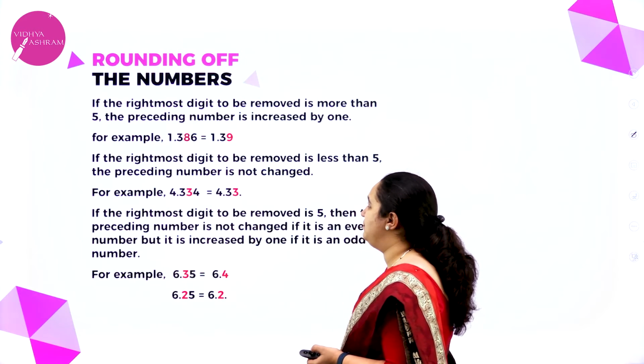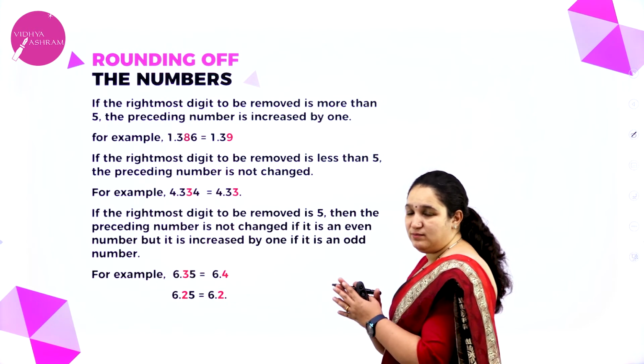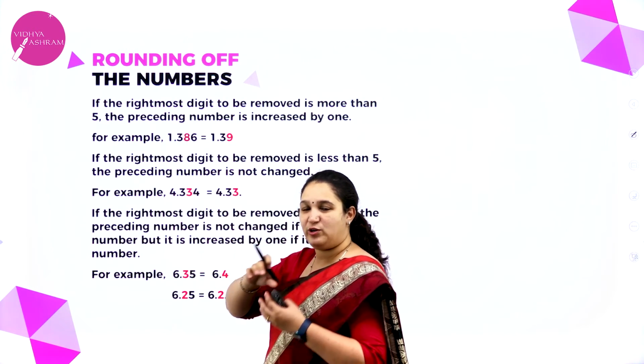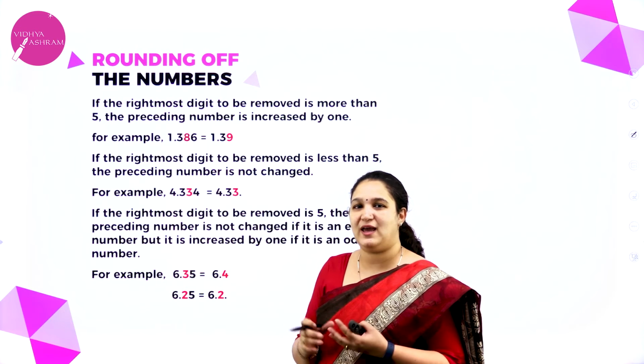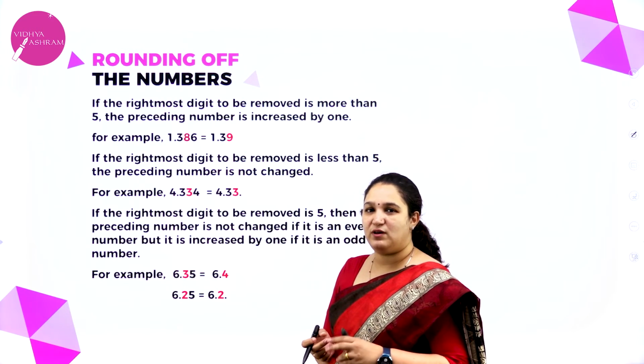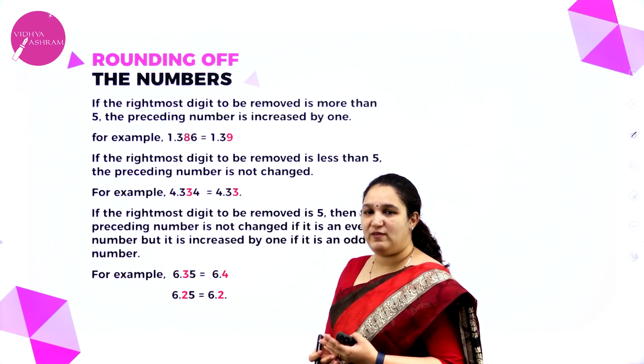Next we will see rounding off of the numbers. That is, if you have a huge number after the decimal point which comes in the calculator, you need to round it off to 2 significant figures or only 3 significant figures. So how do you round off the values?